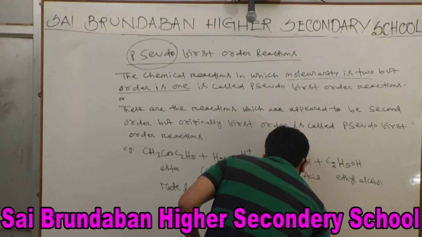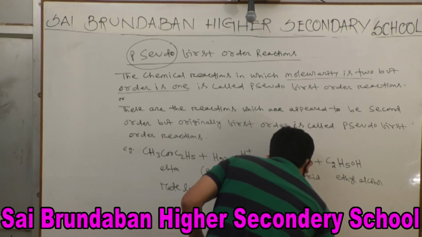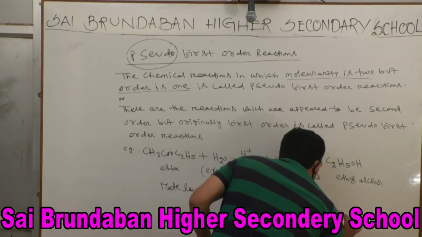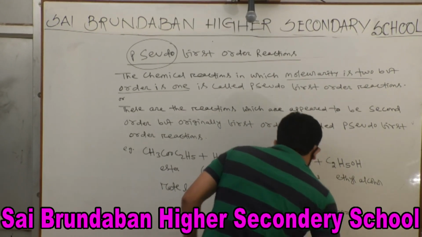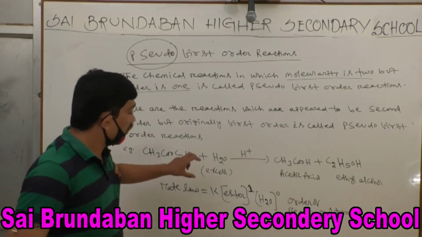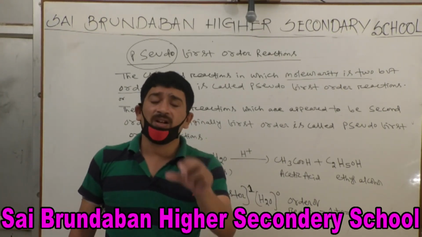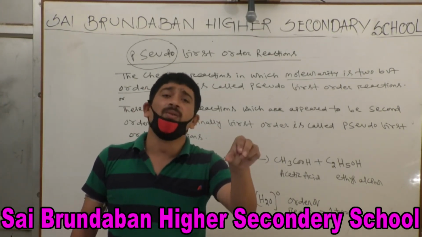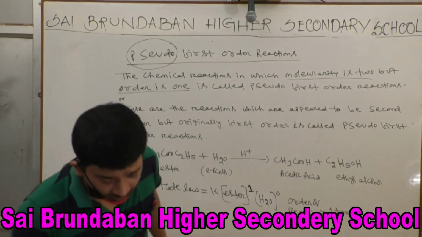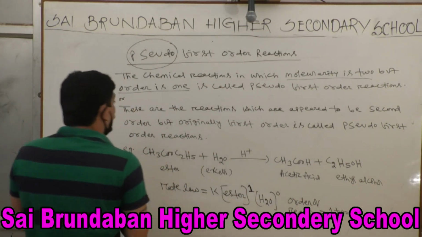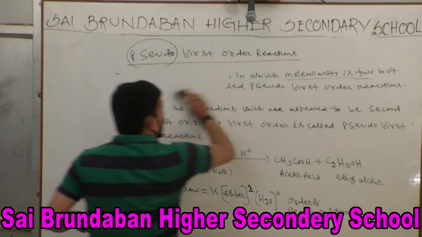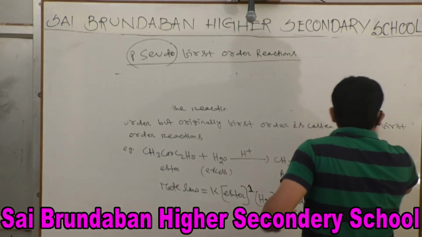Order of reaction is 1 plus 0, that is 1. So here the concentration of water does not change, because water is present in large amount in comparison to ester. That is the point we can write. This is a very important thing.